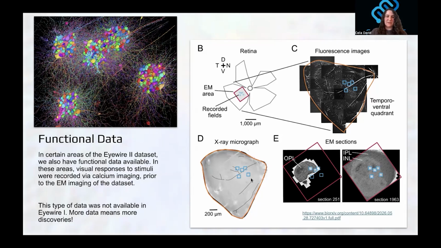Those are areas of the data set where visual stimuli were recorded prior to the EM imaging of the data set. So from these specific areas, we can learn more about the functioning of these cells than just having the static data. So that's another cool thing about Eyewire 2.